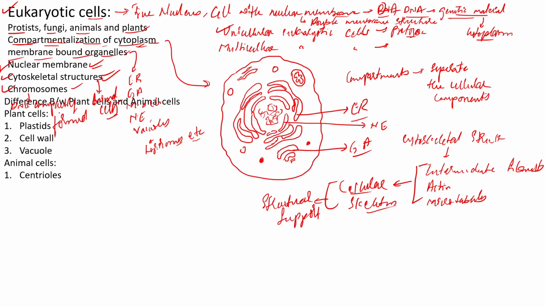So now, we will erase this. Now we can look into some of the vital differences between plant cells and animal cells. This is one of the well-known questions you can expect in your theory examination. So what are the differences?